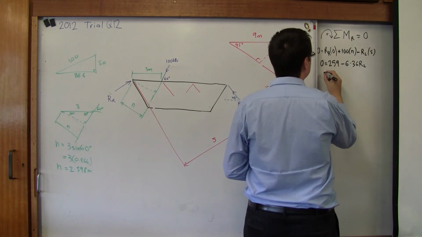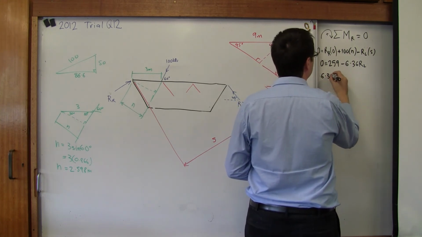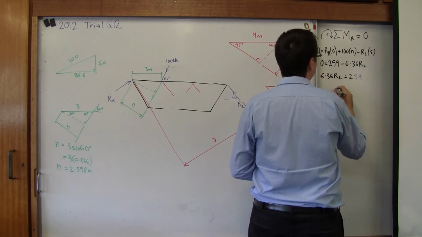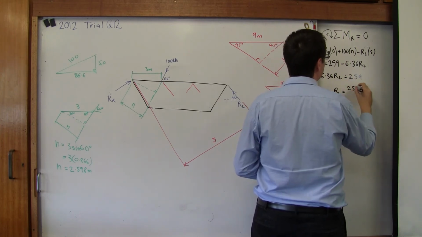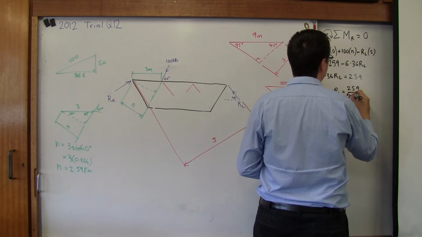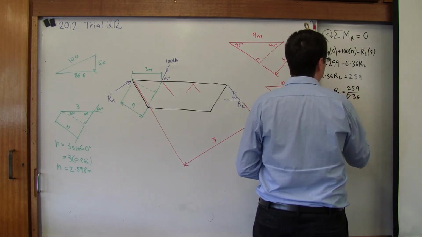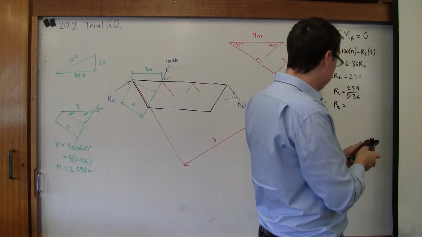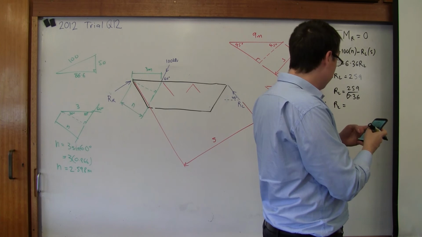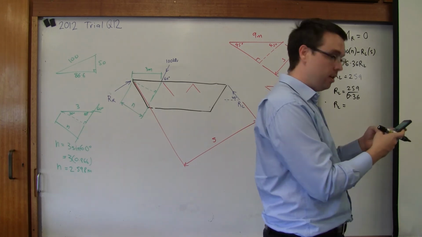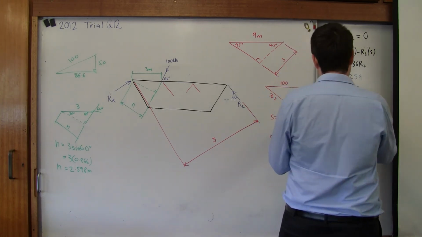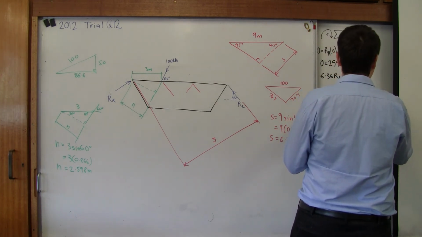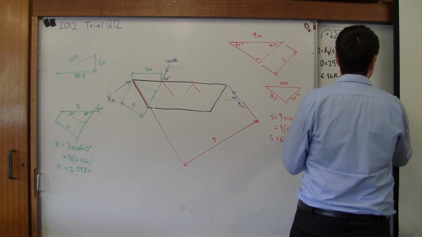So 6.36 RL equals 259. Therefore, RL is going to equal 259 divided by 6.36, which equals 40.72 kilonewtons at 45 degrees.